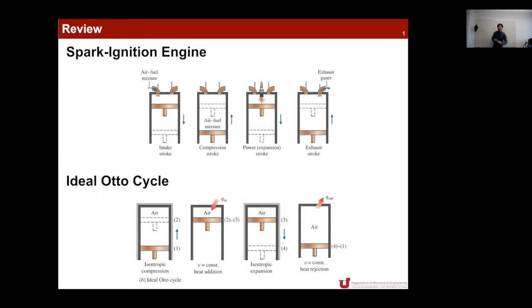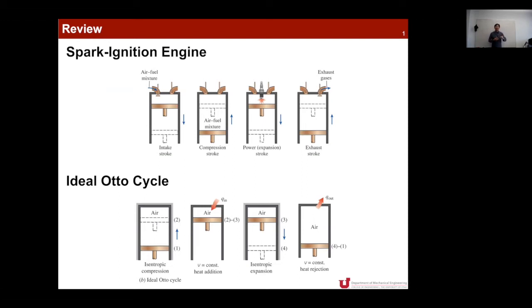Now, before we go further into the ideal Otto cycle analysis, let's review what we learned in the last lecture. We learned about the spark ignition engine as a part of gas power cycles.